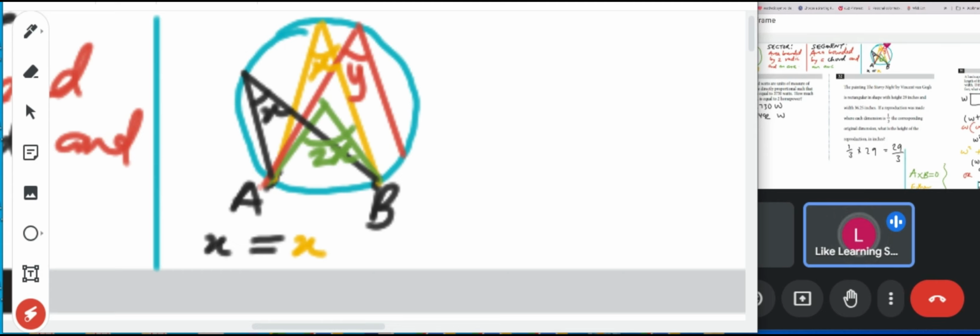Also, the green one starts from A, gets to the center and drops back at B. So there's a relationship between the green and the yellow, or the green and the black.